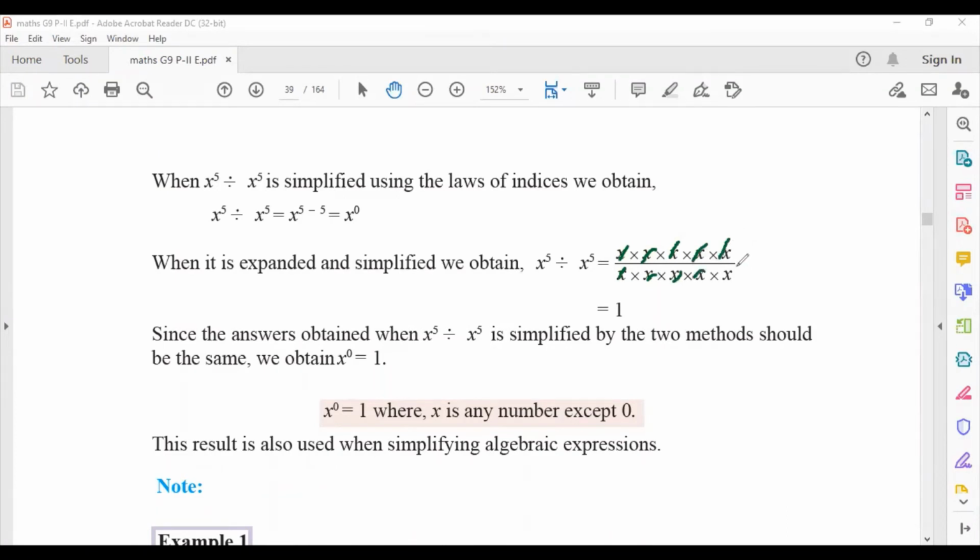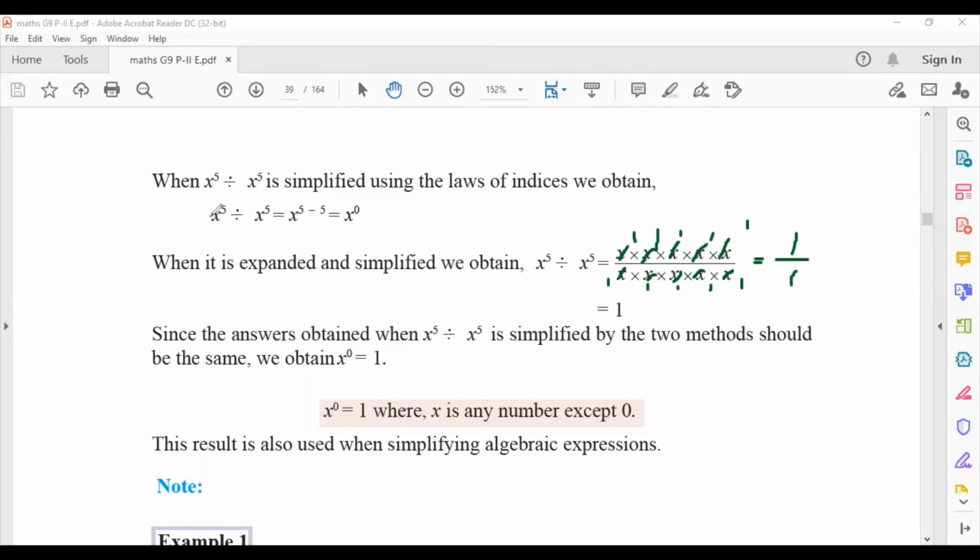All the x's are cancelled, and only ones are left. 1 times 1 times 1 times 1 upon 1 times 1 times 1 times 1 is 1 upon 1, which is 1.